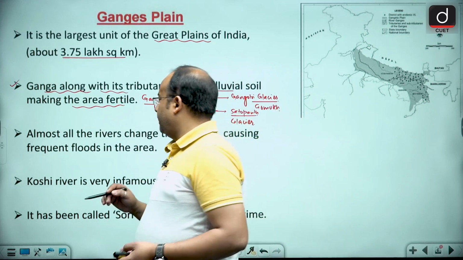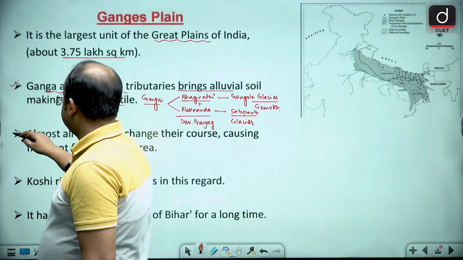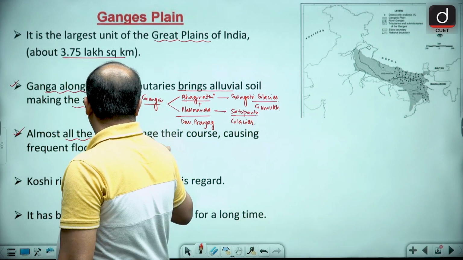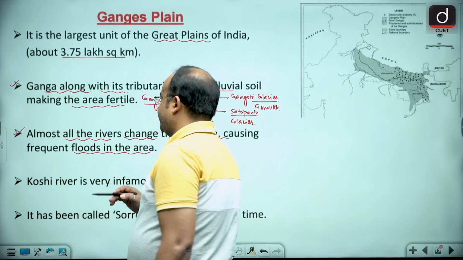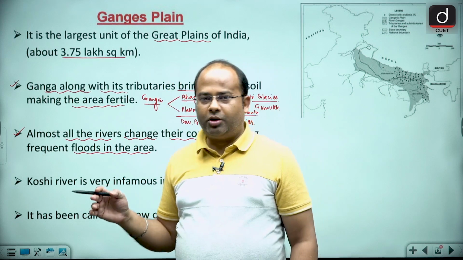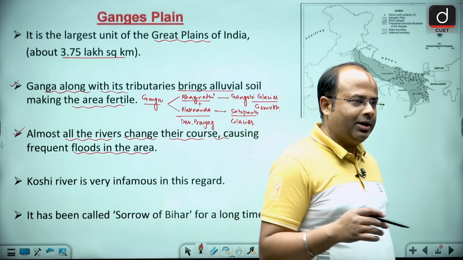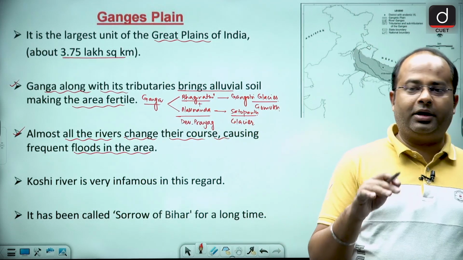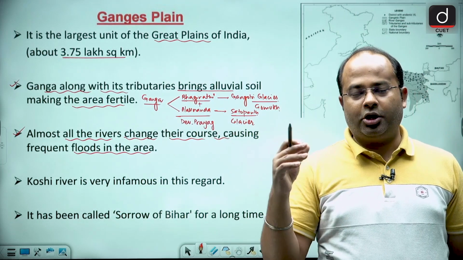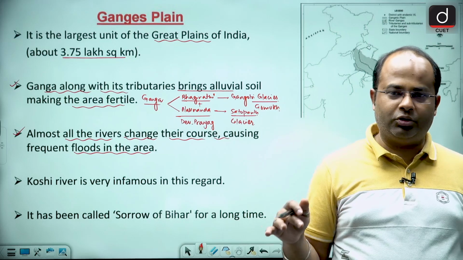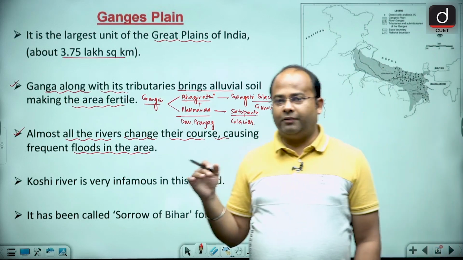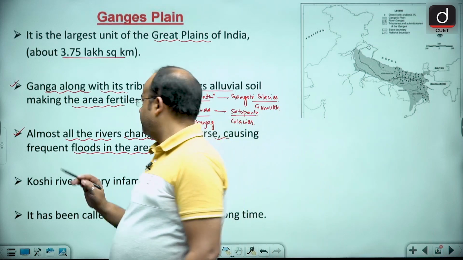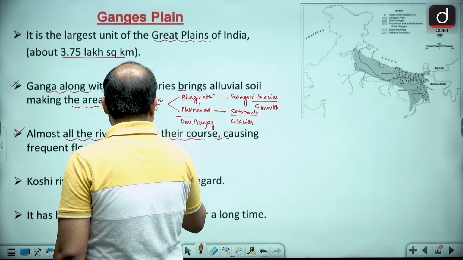Now, you will find that in this place almost all the rivers change their course frequently, which causes frequent floods in that area. If I talk about this whole Ganga system, some of the tributaries of Ganga frequently change their course. Changing of the course means that the flow of the river changes.